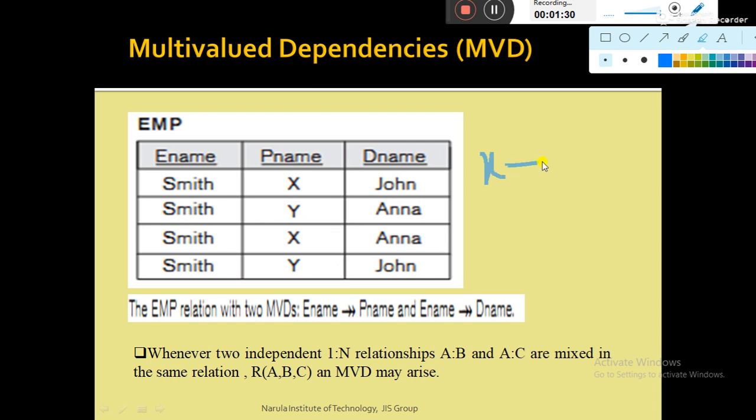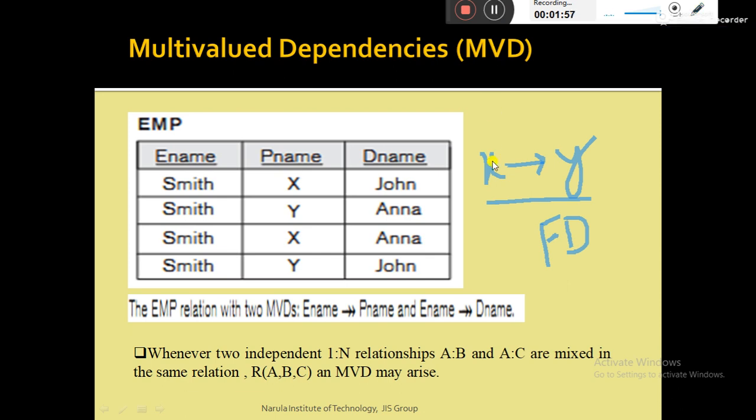Suppose X and Y are two subsets of attributes in relation R, and functional dependency is represented in the form of X arrow Y. In short, it is known as FD, X arrow Y. That means Y is functionally dependent on X, or we can say that X determines Y, and FD is represented in that form X arrow Y.